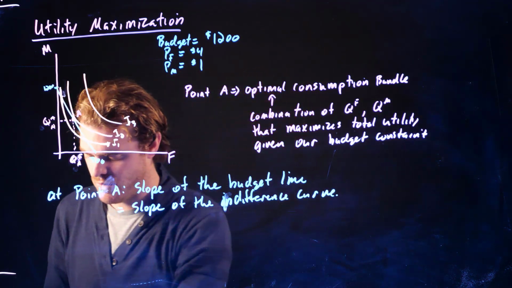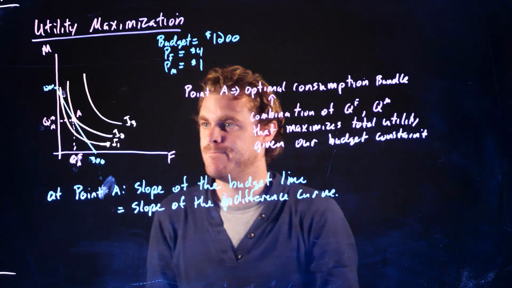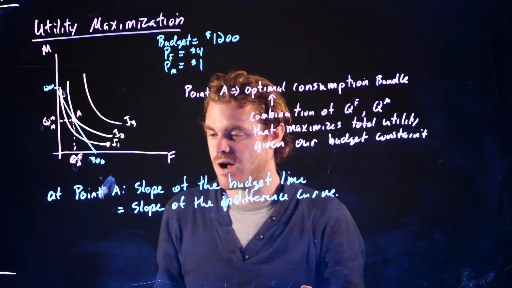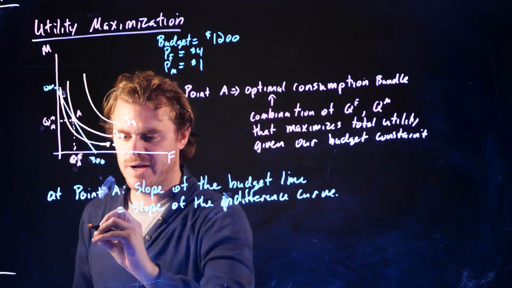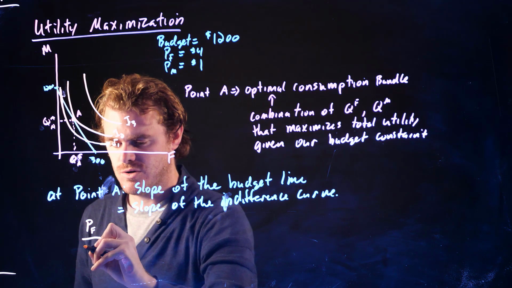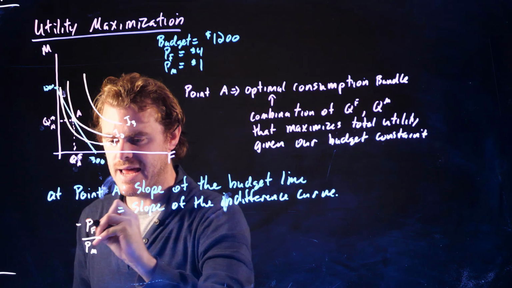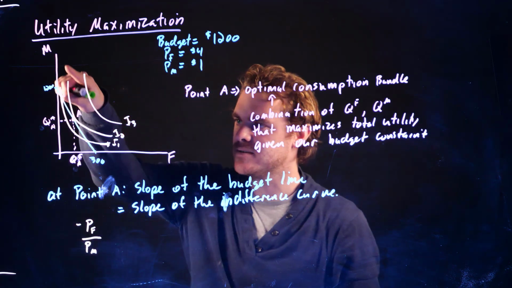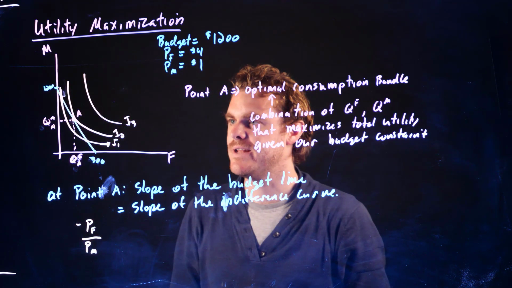And if we think about what those two things are, the slope of the budget constraint is the price of fish over the price of mangoes. Well, it's the negative of that, actually, since it's a negatively sloped line.